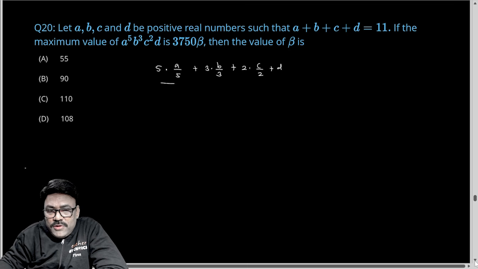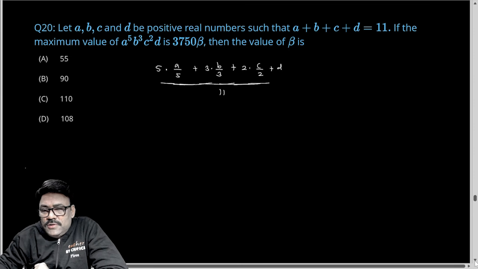If you take the arithmetic mean of these 11 numbers, it will be the sum divided by 11, and the arithmetic mean is greater than or equal to the geometric mean. The geometric mean will be the product of these numbers raised to 1 by 11.